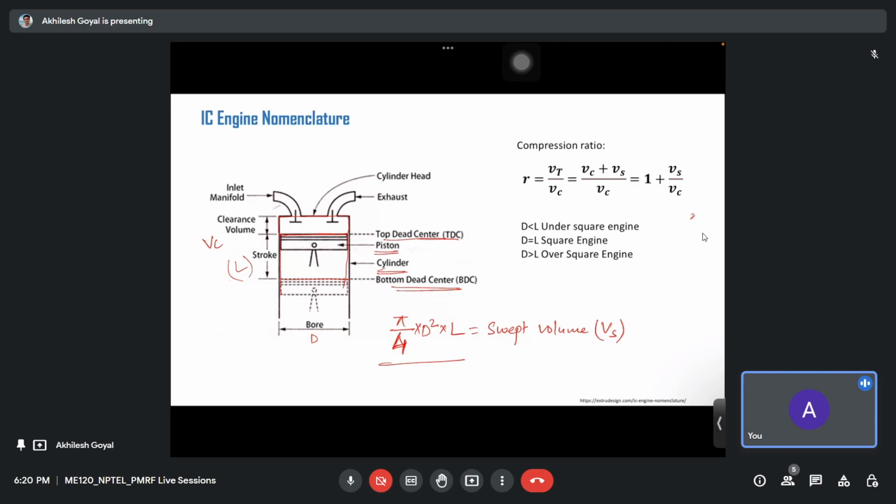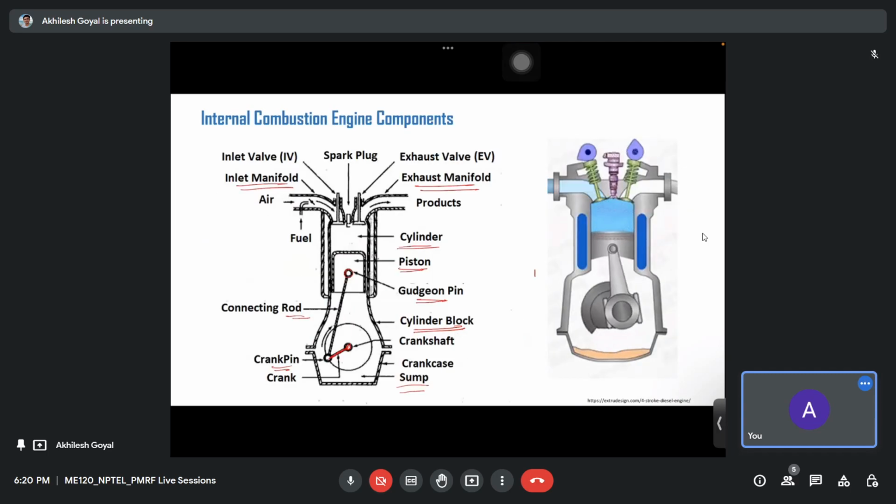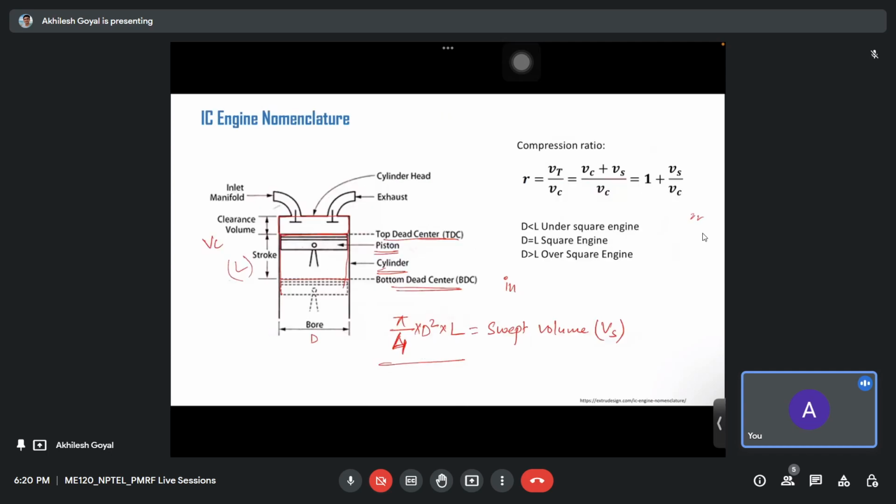So the initial volume during the compression stroke is the total volume, that is clearance volume VC plus swept volume VS. But at the end of the compression stroke, the volume that remains is only the clearance volume. So the final volume is only the clearance volume.